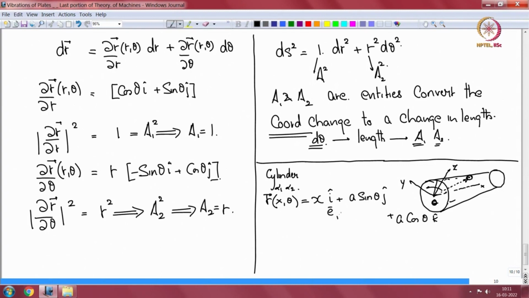This is E1, this is E2, this is E3. So del R del x is equal to i. That implies del R del x dotted with del R del x is equal to 1, which is A1 squared, implies A1 is equal to 1.